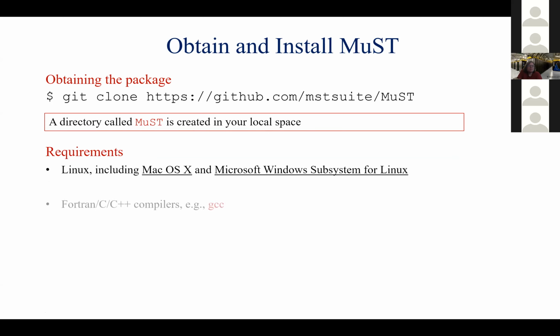Of course, you have to install it, compile it, and build executables. The basic fundamental requirement is a Linux system, including macOS, or if you have Windows, you can install the Windows Subsystem for Linux. If you're not familiar with it, you can go to the Microsoft Store, find Windows Subsystem for Linux, and just install it, and then you will have Linux running under your Windows system.